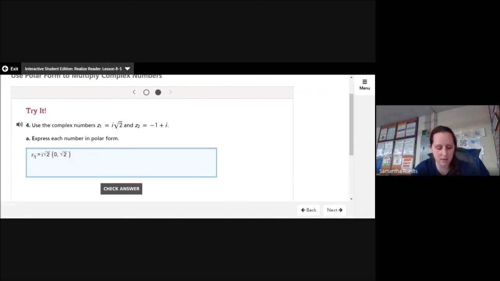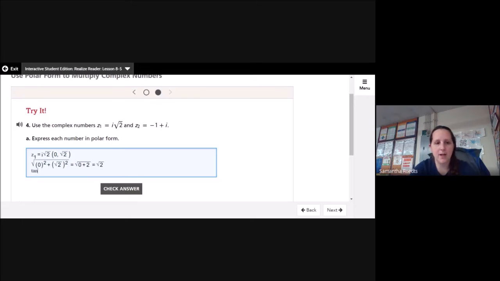So I have the square root of 0 squared plus square root of 2 squared, which equals the square root of 0 plus 2, which equals the square root of 2, which we're just going to leave like that.